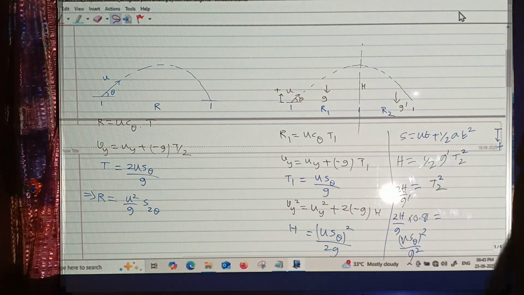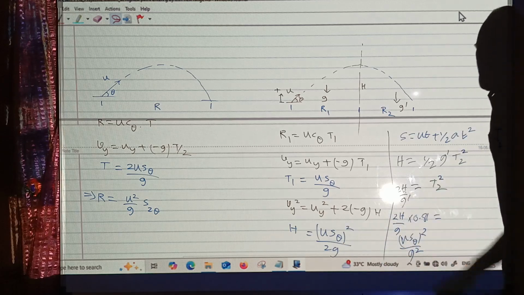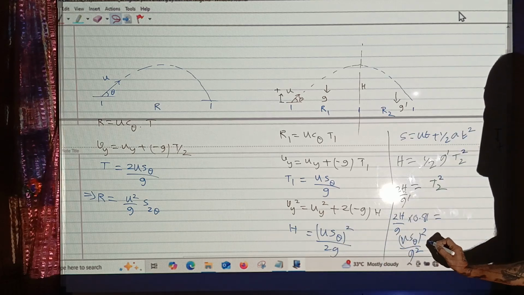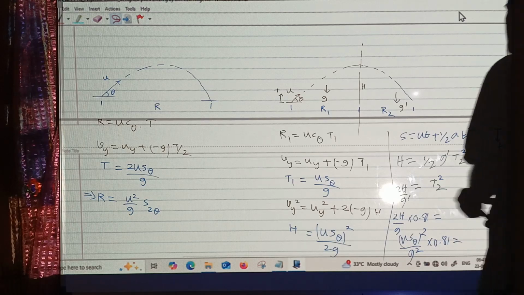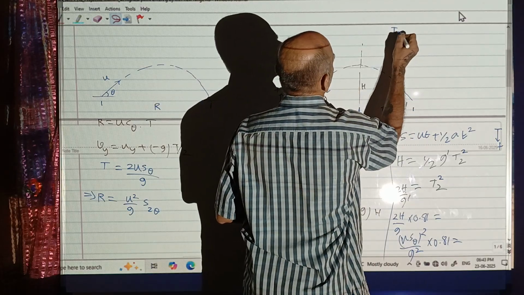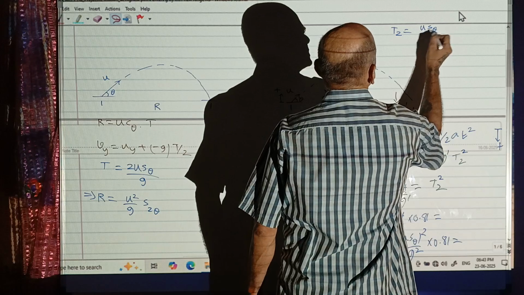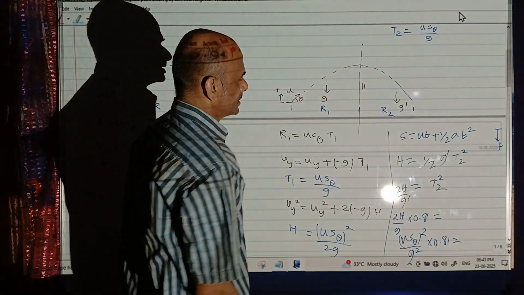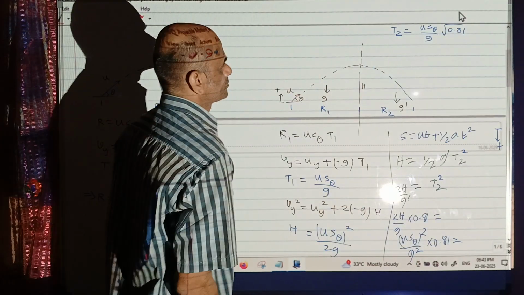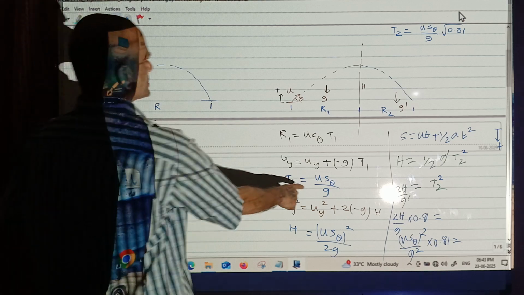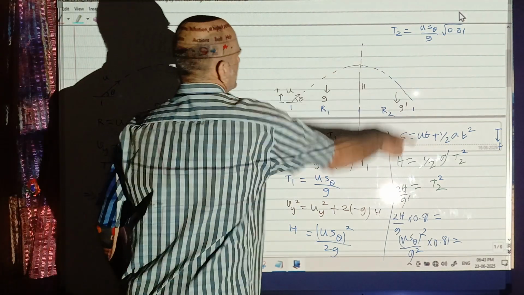As you can see from here, I can take this 2 here. So 2h is u sin theta square by g, and one more g itself will become g square, into 0.81. That's T2 square. So from this, taking the square root of both sides, I'll get T2 as u sin theta by g into square root of 0.81. Okay, and T1 is u sin theta by g into 1. So the total time from here to here is T1 plus T2.